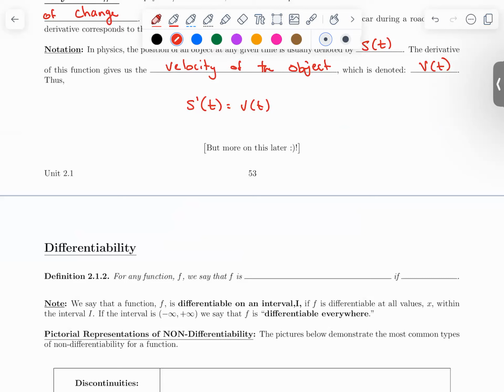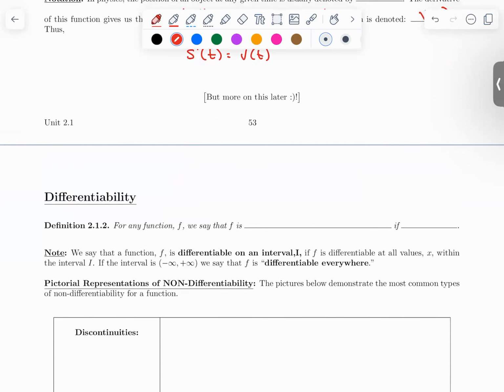Differentiability. That is the concept, like in the same way we say something is continuous, we will say things are differentiable. So for any function, we say that f is differentiable at x equals a if f prime of a exists. And the abbreviation for differentiable, just so we don't have to write that out every time, is diff apostrophe ble.